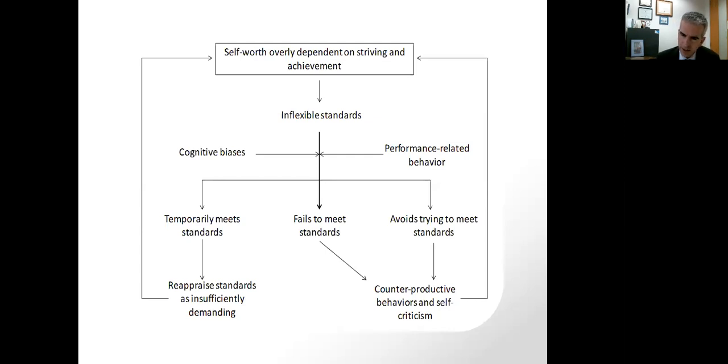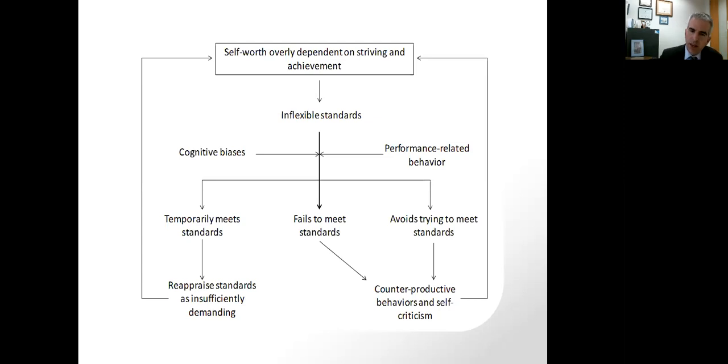Because of that connection between self-worth and achievement and productivity, the individual develops certain inflexible standards or rules. For example, some rules might be, I need to get all A's, or my writing must be flawless.